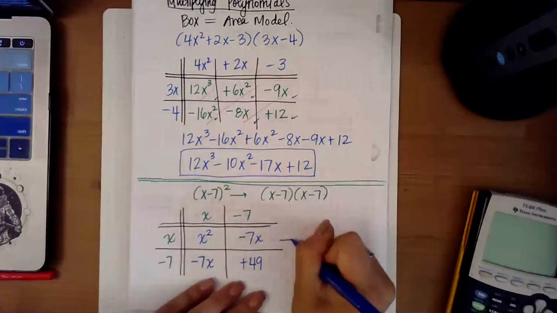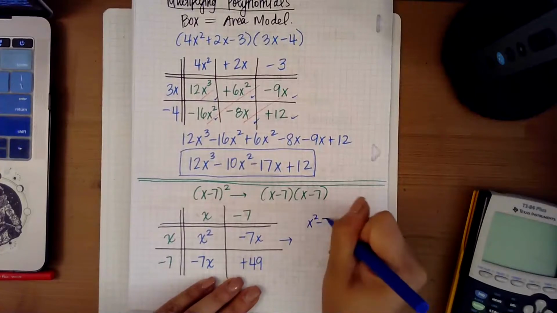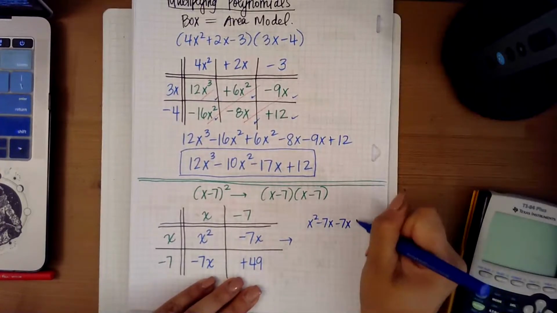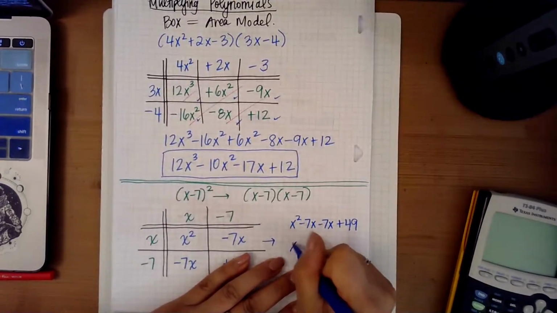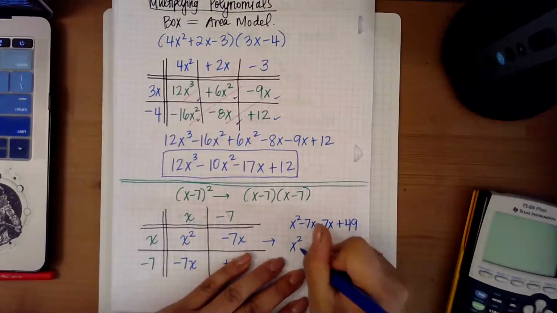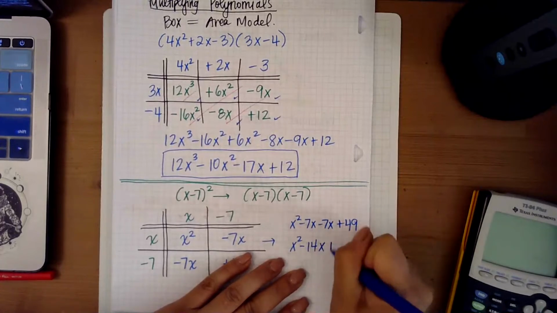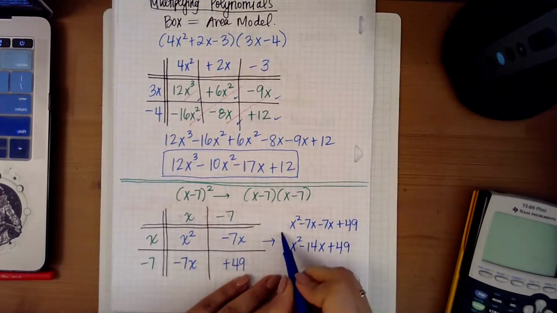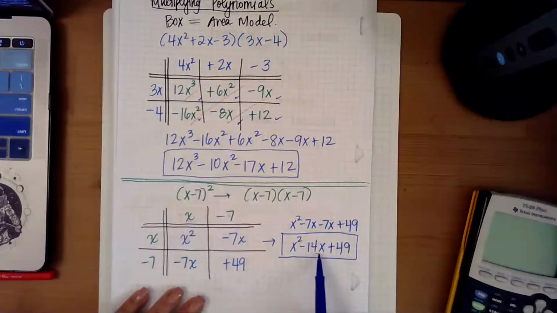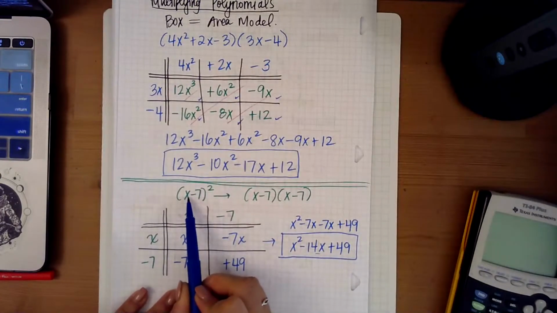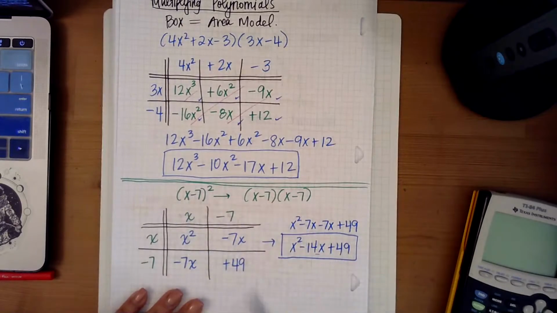Okay, so finally simplifying this gives me x squared minus 14x plus 49. This is the final answer. If you notice that negative 14x, a lot of people just look and think, oh, it's just x squared plus 49. Nope, you need to use the box to make sure you recognize that middle term.